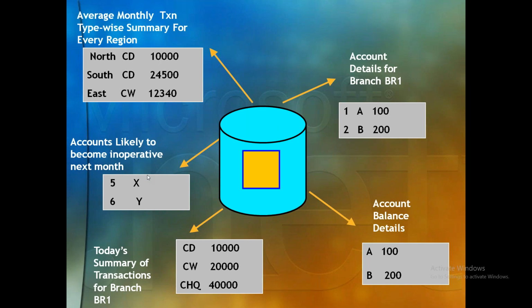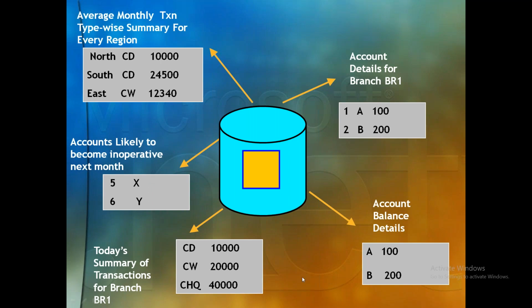So you can give an alert. You did not do any transaction against your account, so you can say that these accounts are likely to become inoperative next month. The bank may give you 6 months or 1 year of time, right? If you don't do any transactions against your bank account, then it will be marked as an inoperative account, right?